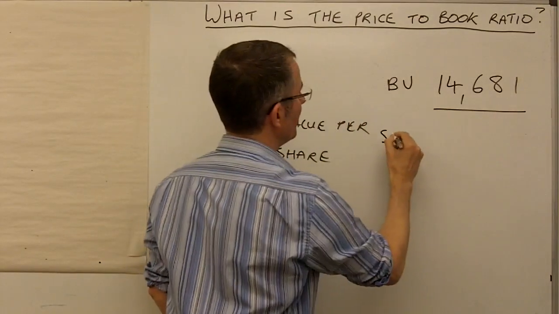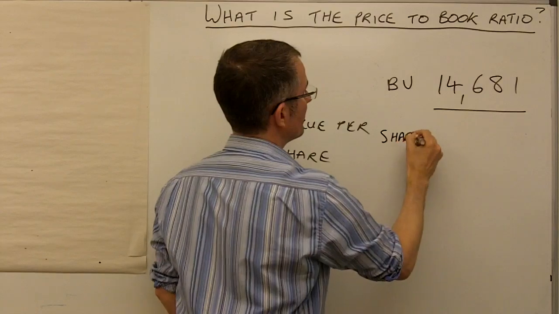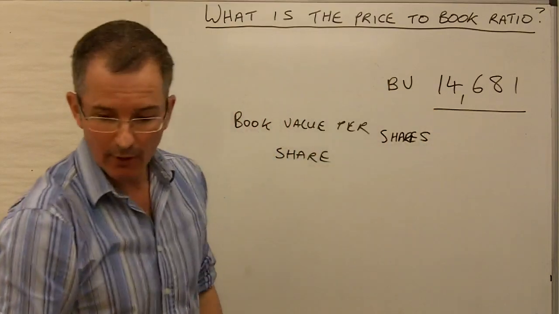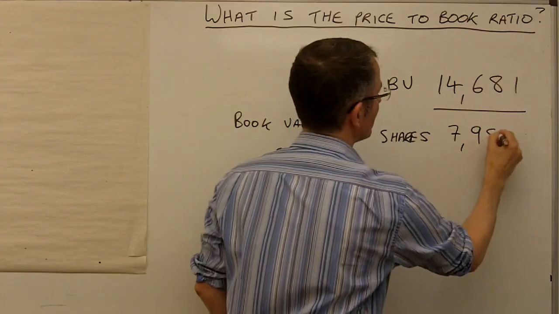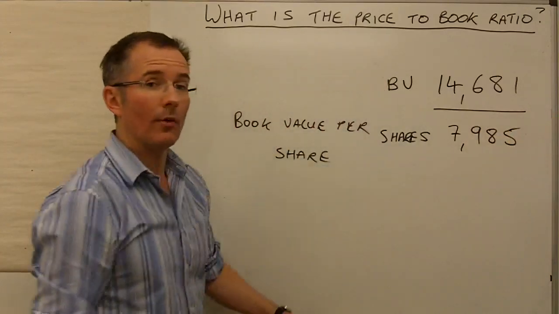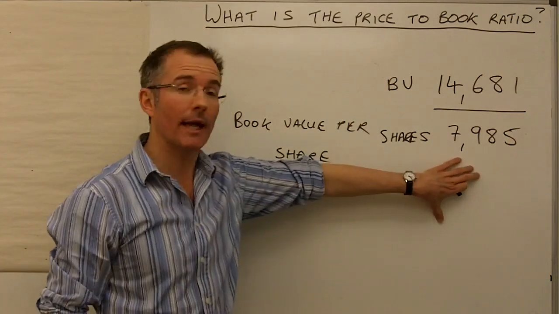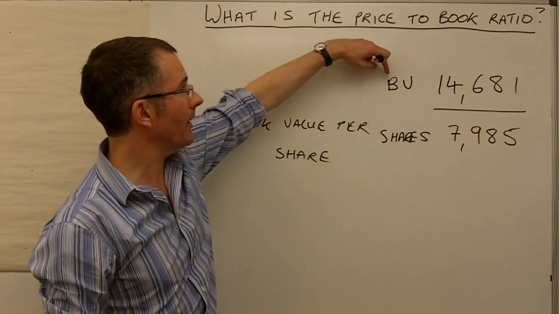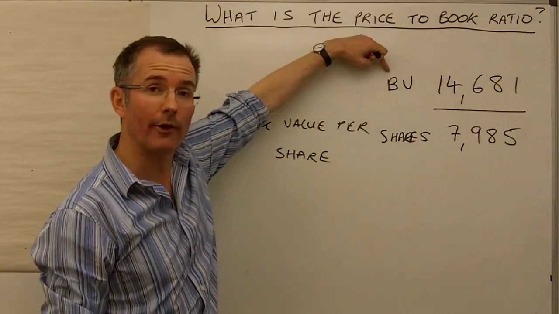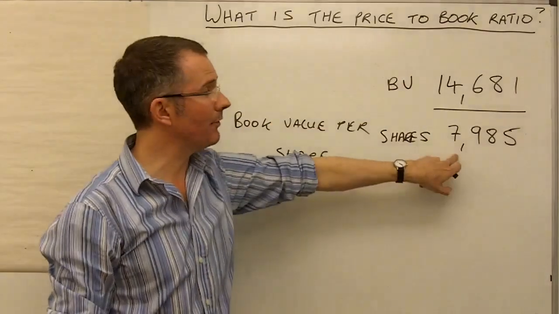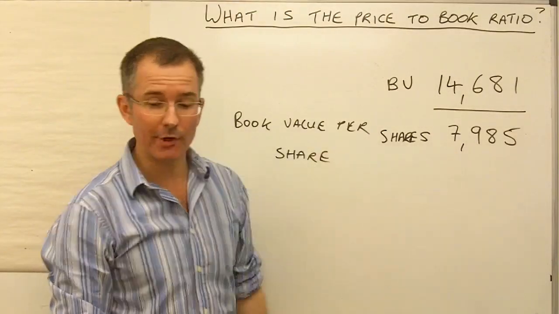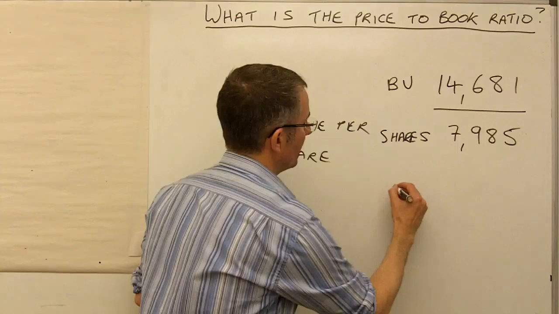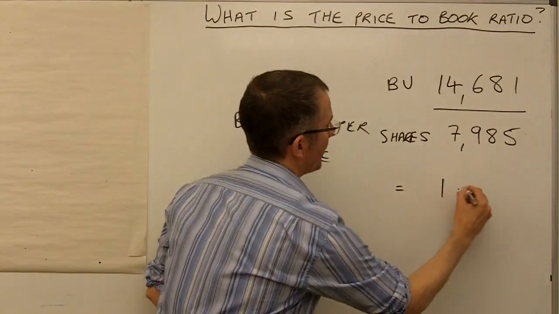Number of shares issued is, on the latest count, 7985. So a little sort of back of an envelope calculation there suggests that if I take the book value of all of Tesco's assets, divide by the number of shares it's issued, the book value attached to every share is around £1.84.